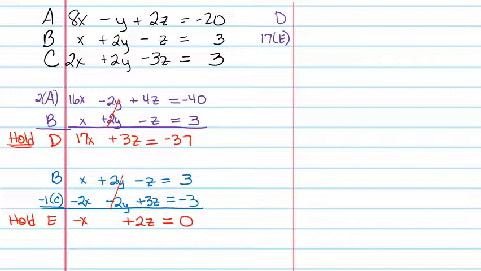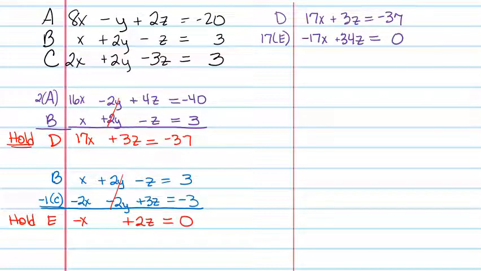So that's my plan. I'm going to take equation D, which is 17x plus 3z equals negative 37, and multiply equation E by 17, so that'll give me a negative 17x, there's the elimination, and then 2 times 17 is 34, so that'll be plus 34z is equal to, well, 17 times 0 is 0.